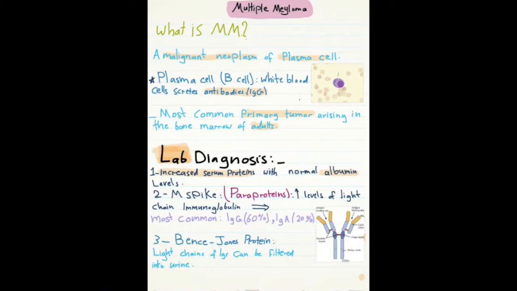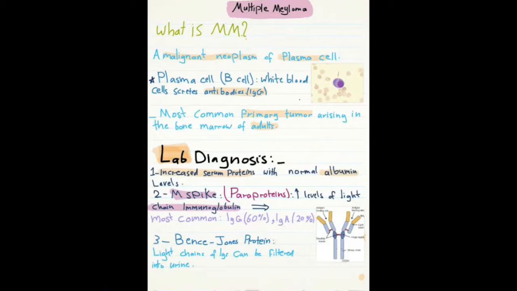Also, we are going to see something called the M-spike. What is the M-spike? It is paraproteinemia, another name for it. What is it actually? We will see that there is an increased level of the light chain of the immunoglobulin.